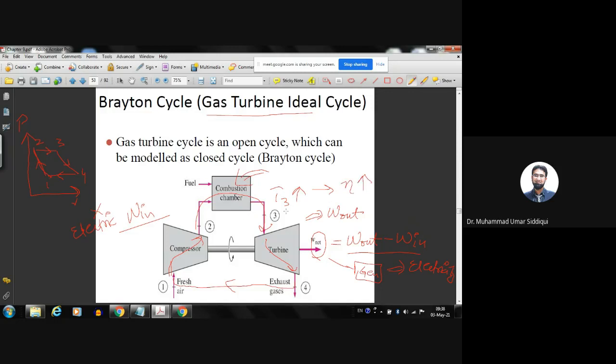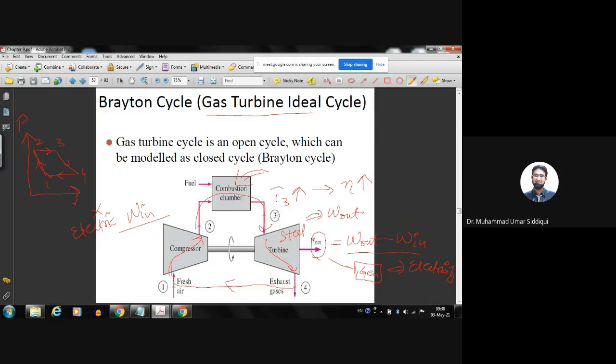But there is a limit, because the turbine is made of steel. When T3 rises too much, it could melt or deform the turbine. So we can run the turbine only with a limited T3, which we cannot exceed beyond a certain limit.